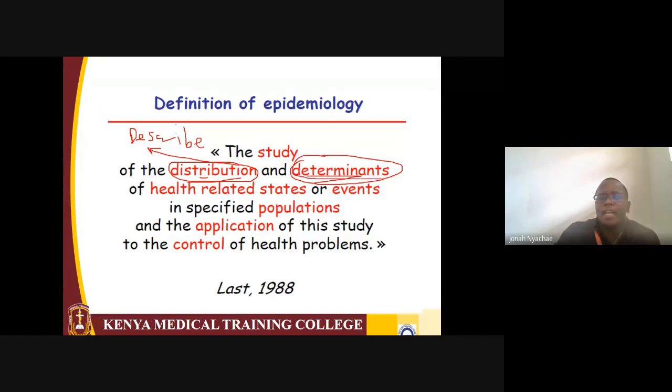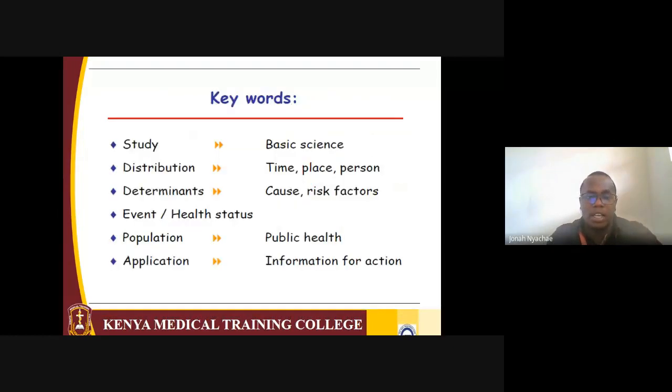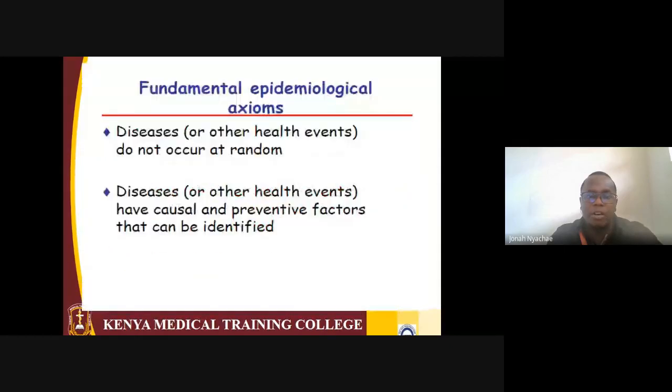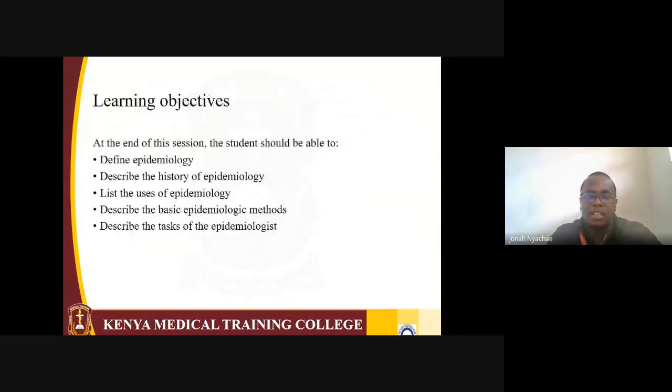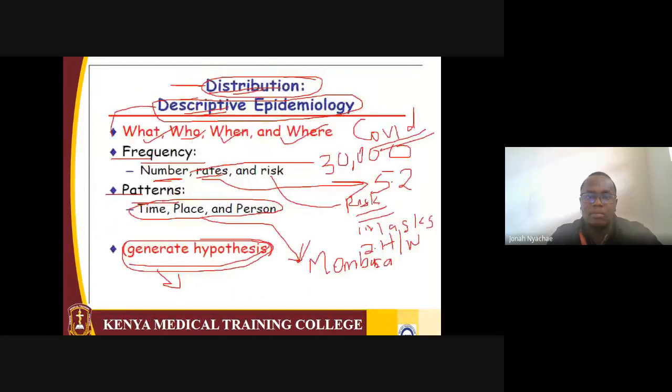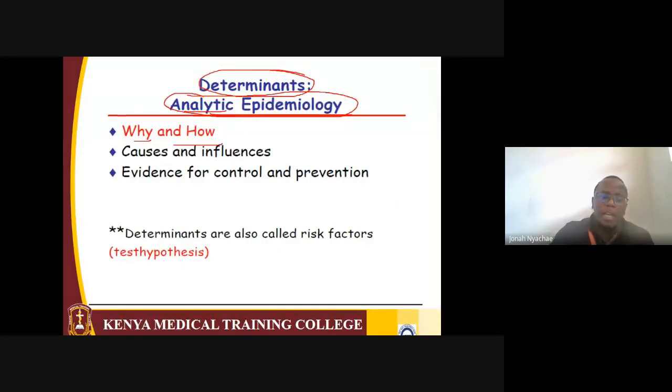And then on determinants, we are talking about some element of analysis. We're talking about why. We're talking about how.